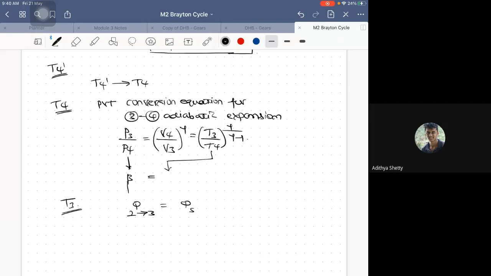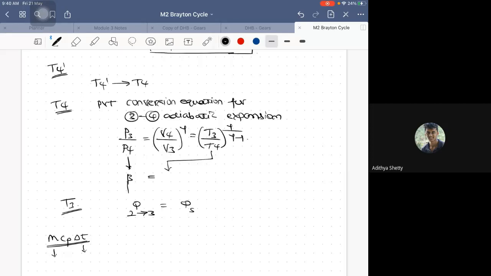So how will you calculate the value of Q2 to 3? Again, it is m Cp delta T, no doubt about it. But what is m and what is delta T? CP remains the same. For heat, it is final minus initial.